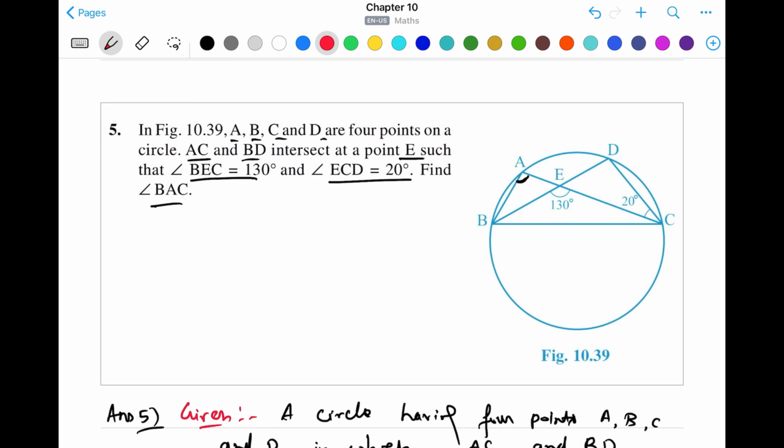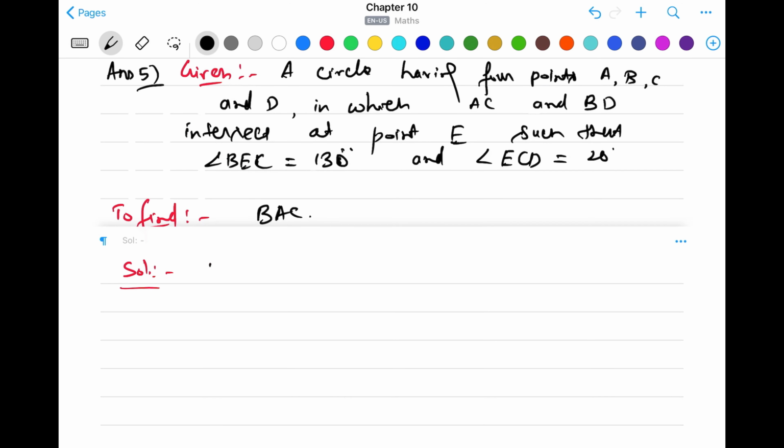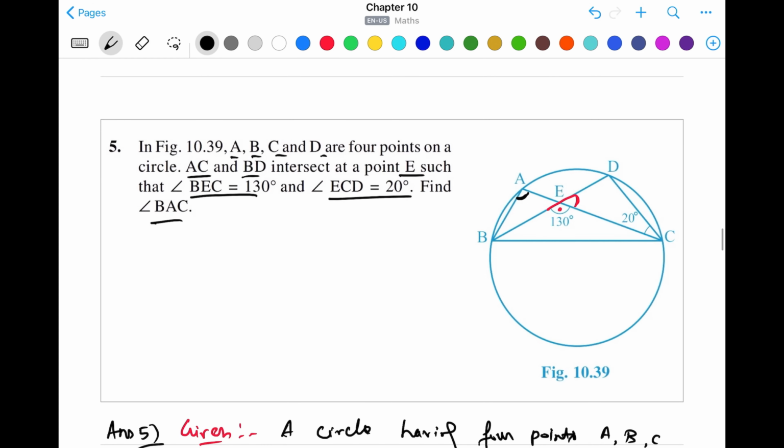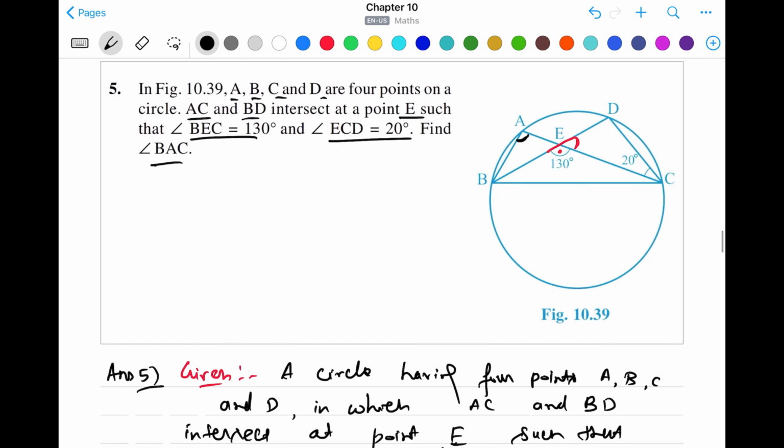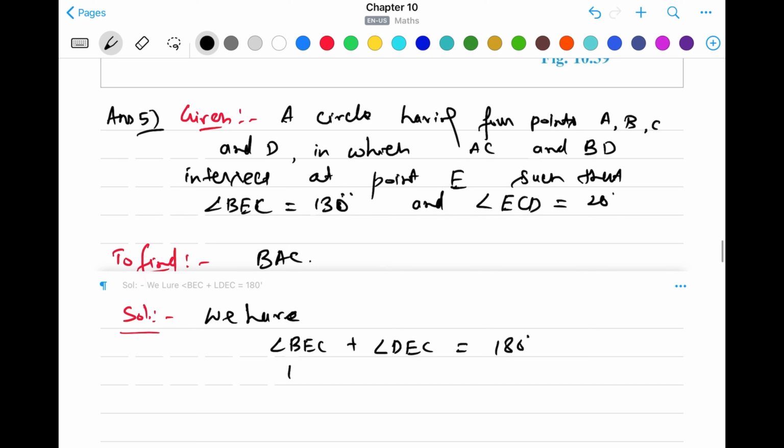Let's start the solution. From the figure you can see this is forming a linear pair. This angle is given as 130 degrees, so the second angle will be 180 minus 130 degrees, that is 50 degrees. So we have the sum of angle BEC plus angle DEC equals 180 degrees.